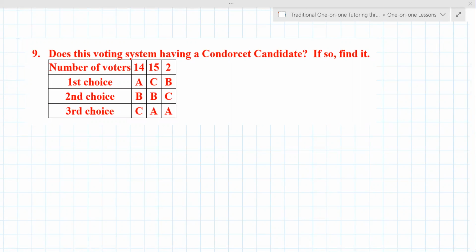All right. So it looks like you do an A versus B, ignoring C, a B versus C, ignoring A, and then an A versus C, ignoring B. Okay.